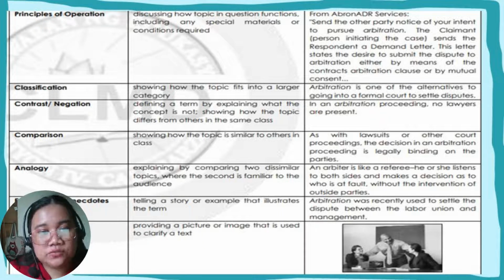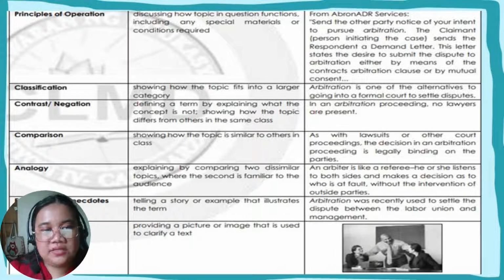Explained by comparing two dissimilar topics where the second is familiar to the audience. So for example, an arbiter is like a referee. He or she listens to both sides and makes a decision as to who is at fault without the intervention of other or outside parties.